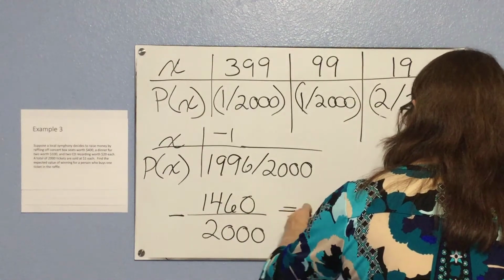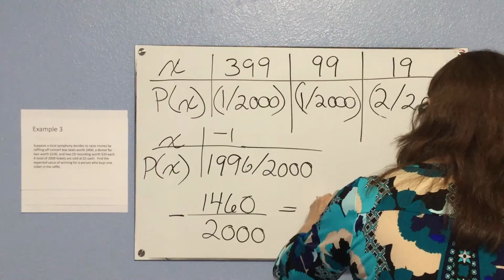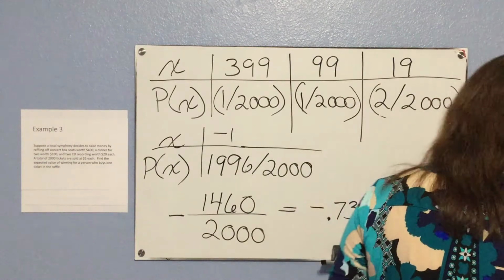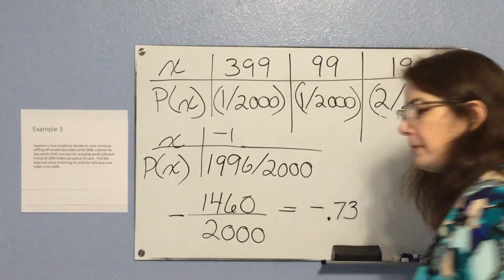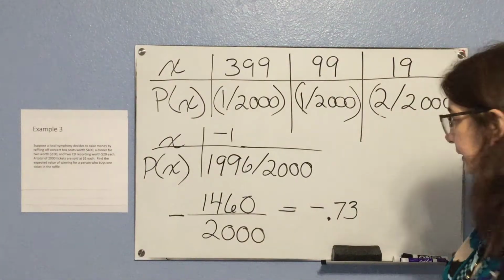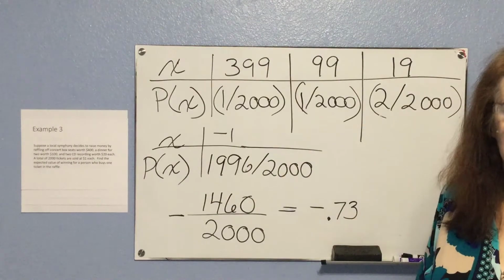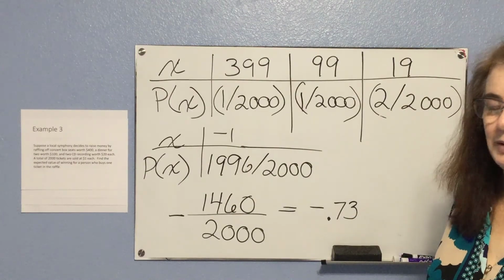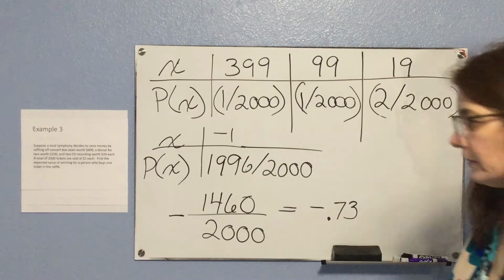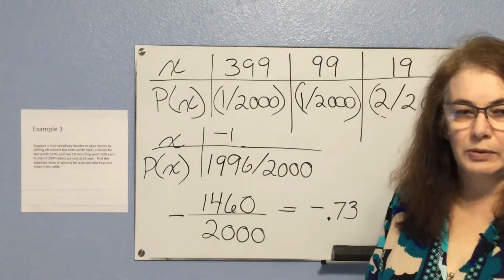So this is about -0.73. So on average, a person who buys one raffle ticket is going to lose 73 cents. So if it's a good cause, maybe I'm willing to lose 73 cents for it. Pause the video now and work on checkpoint 3.